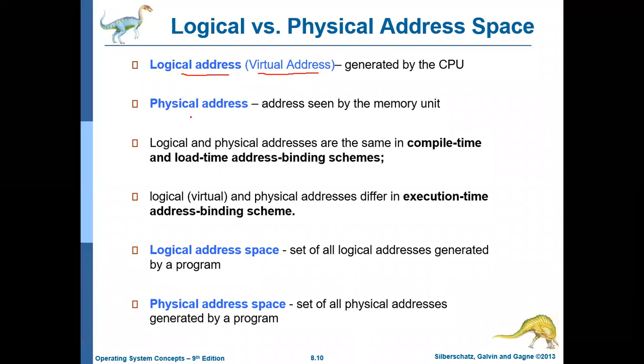The addresses that are seen by the memory unit are called physical addresses. So if you recall, in the last lecture, we discussed three types of binding schemes: binding at compile time, binding at load time, and binding at execution time.